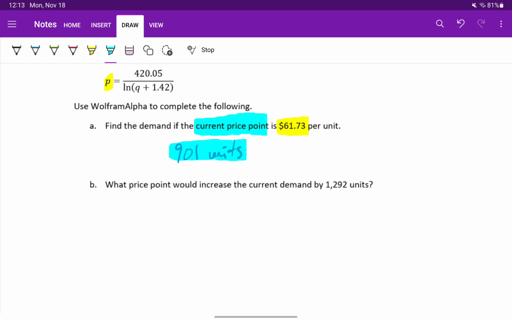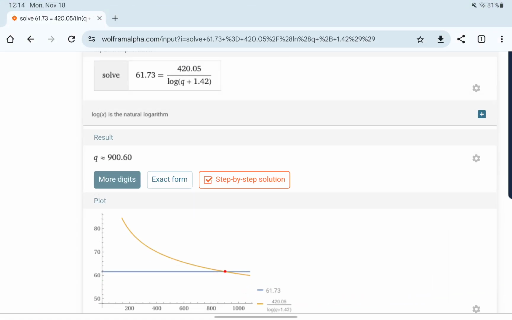What we want to do is increase that by 1,292. So we'll take our 901 plus 1,292 to get 2,193, meaning we want to plug this value in for Q to get the corresponding price point that would generate that demand.